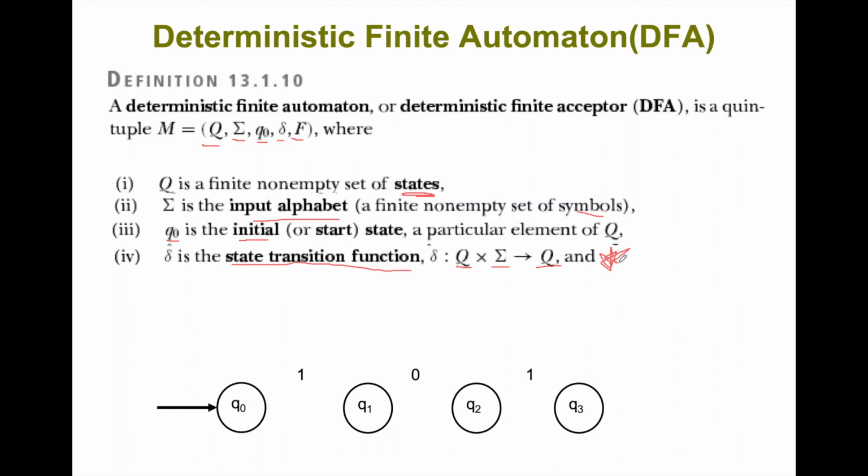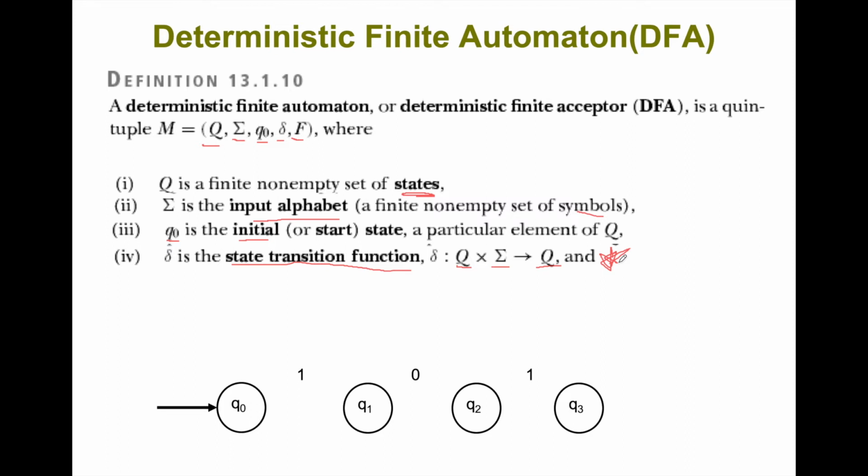So having an input on a current state should take me for sure to one unique next state, not an empty state. Keep this note in your mind. We will repeat it in our next type.